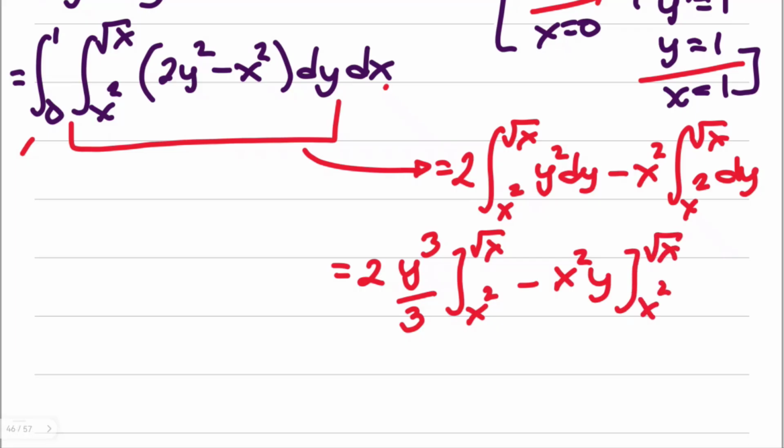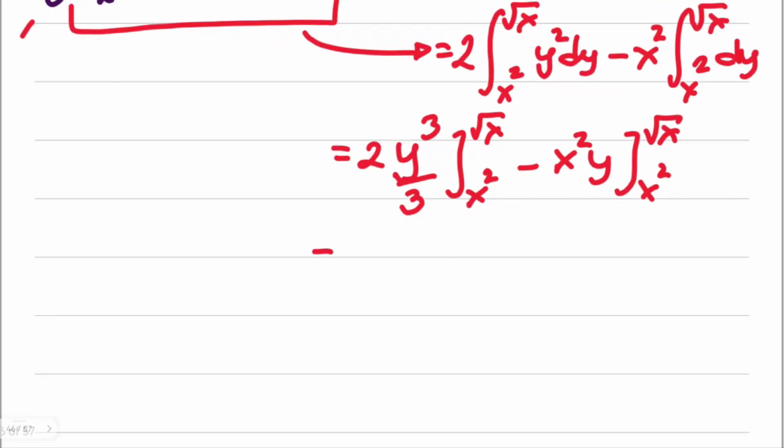Don't worry about those y's, because as you will apply the boundaries, all of your variables later on will be x. And again, it will only be used for your y. So here, you will have 2 y cubed. Just like what I have mentioned, I might need some spaces. So yeah, that's actually 2/3. So your y is x squared cubed.